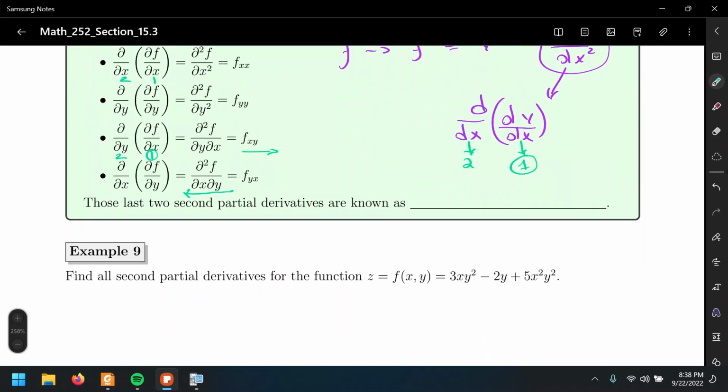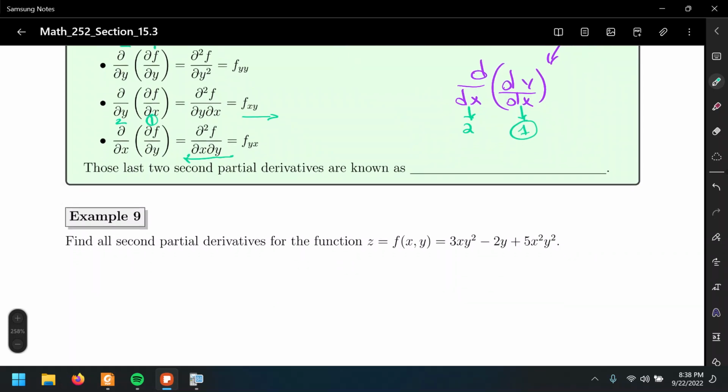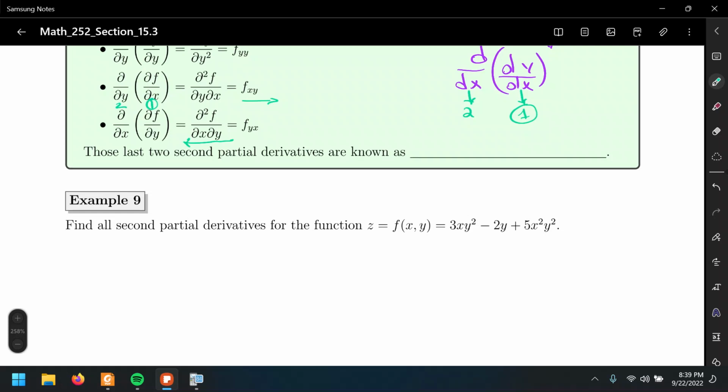All right. Find all second partial derivatives for the function f of x y equals 3x y squared minus 2y plus 5x squared y squared. What is that blank right there?